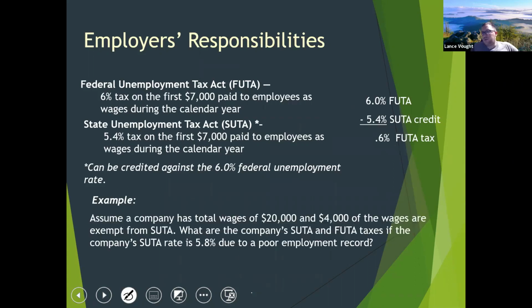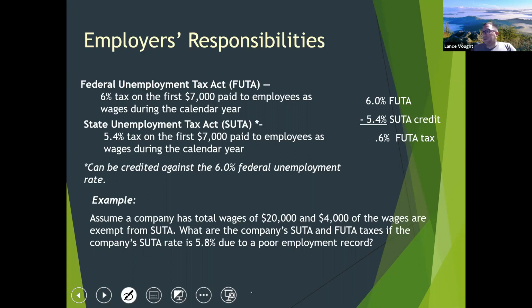So here's some other taxes that employers are responsible for. So unemployment insurance. When the pandemic hit, we had expanded federal unemployment insurance that was paying people an extra $300 or $600 a week or things like that.